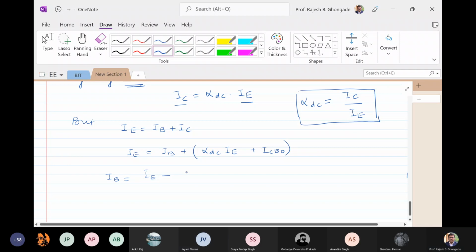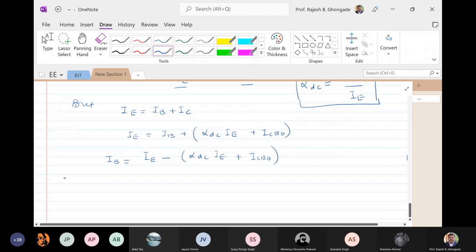Means that IB is equal to, if I simplify this further, 1 minus alpha DC into IE plus ICBO. Sorry, should be minus, no? So minus ICBO.